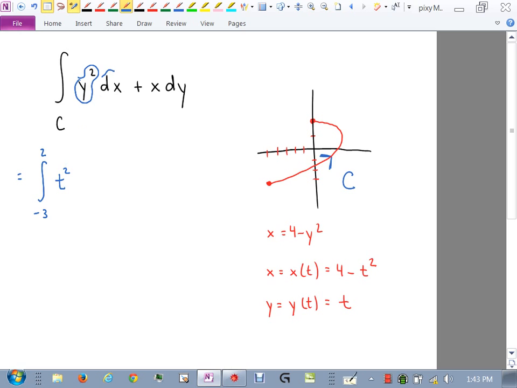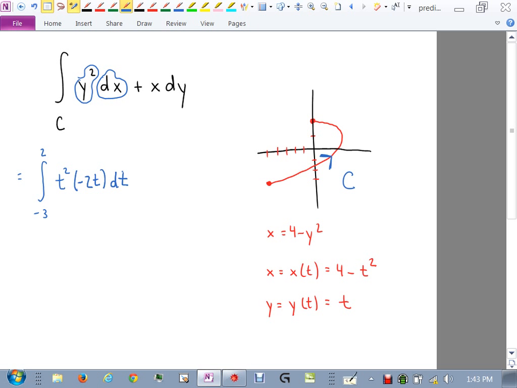Then dx, but what's dx for us? It's the derivative of the x parametric equation, which would be what? -2t? d what? t, right? With respect to t.